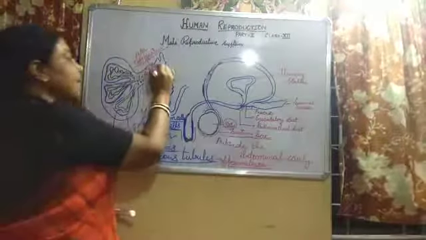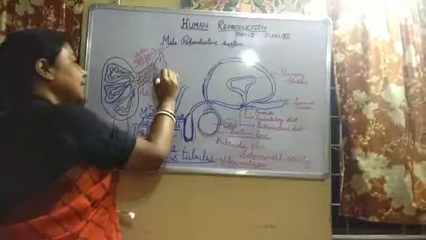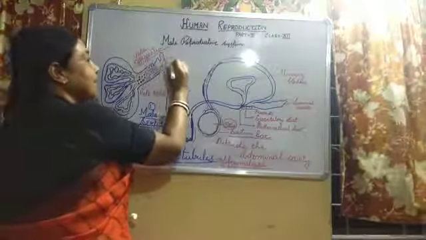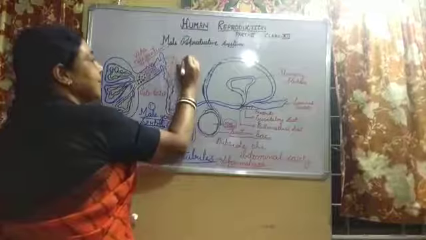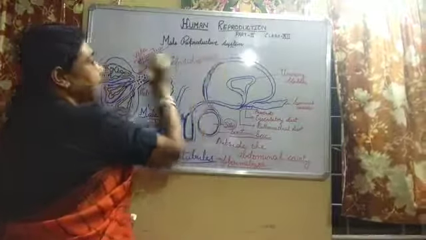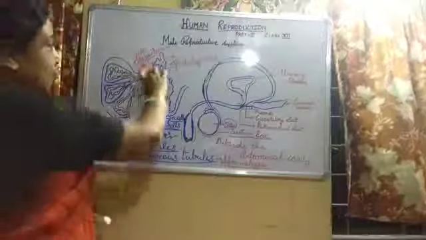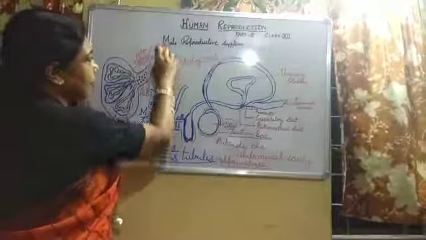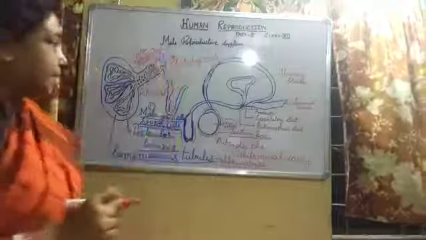And from the vasa efferentia, it will come to this most important part, known as epididymis. Further transformation of the spermatozoa takes place in the epididymis.